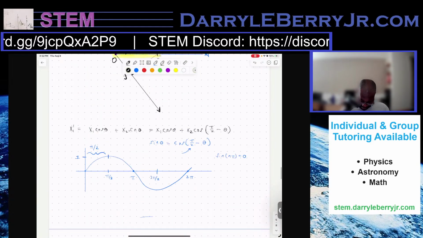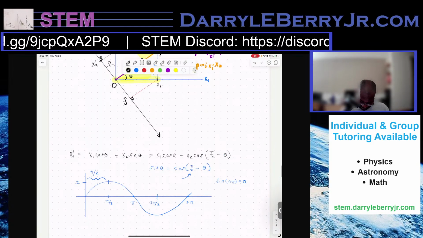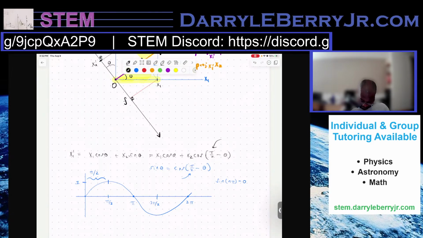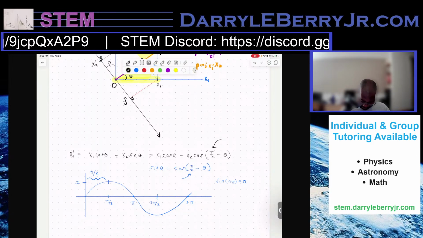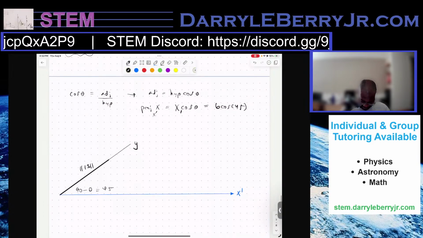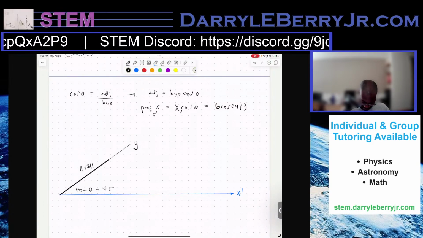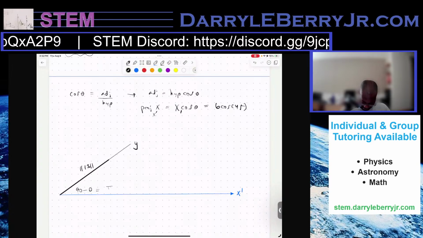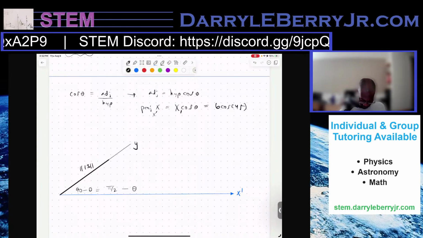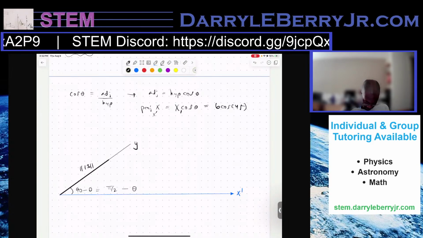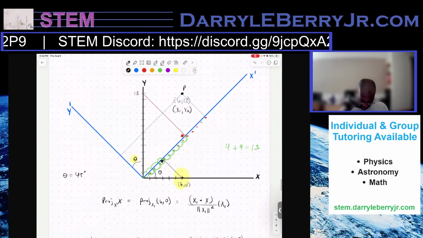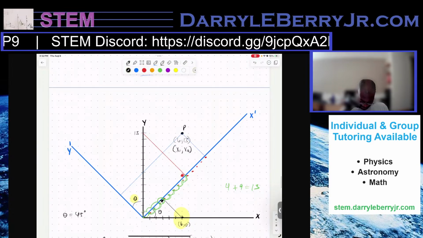And this reminds me of, that's where they got that from. This angle is 90 degrees minus theta, which equals pi over 2 minus theta, which is going to be the angle of the y to the x-axis.